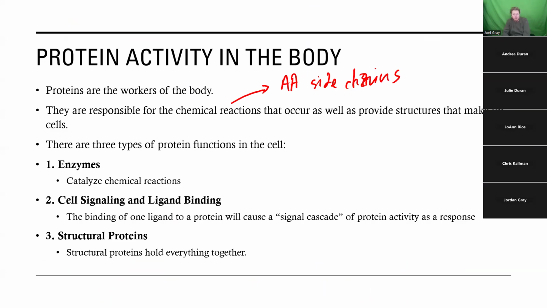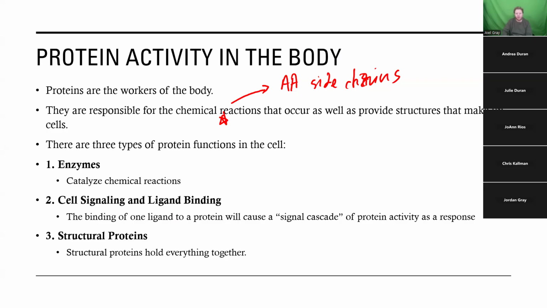Those are atoms that make up chemicals that help make and break bonds in other molecules. All of those different R groups, the side chains of all the different amino acids, contribute to catalyzing chemical reactions. They also contribute to the structure of a cell, the shape of a cell.